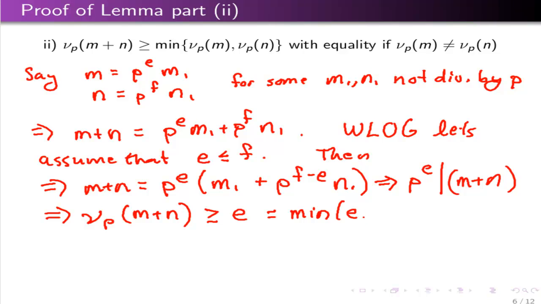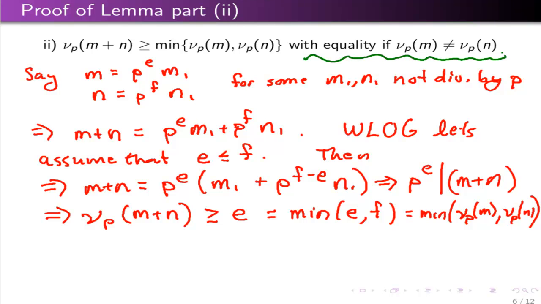That was my without loss of generality assumption. And e and f are the multiplicities dividing m and n. That's nu p m, and this is nu p n. So we've got the first inequality established.